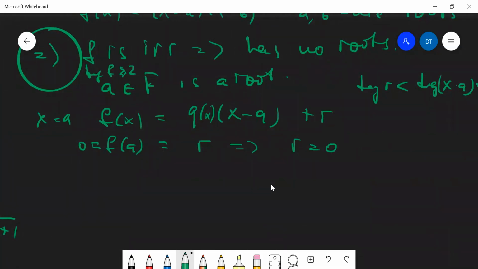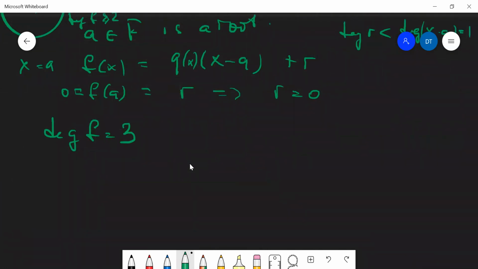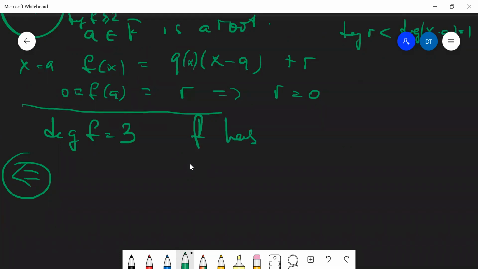Okay, so, but we discussed only the case of degree 2. What happens if f has degree 3? Well, this implication, here nothing changed. It holds for degree 3, but what happens for the opposite one? Suppose that f has no roots and we want to prove that f is irreducible.